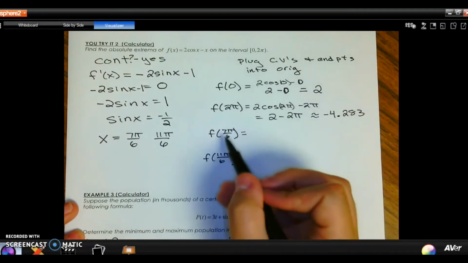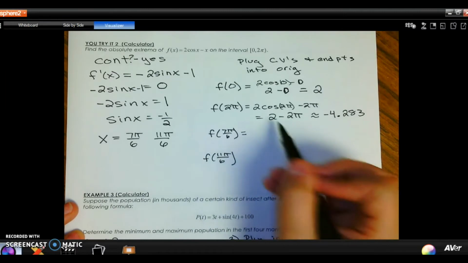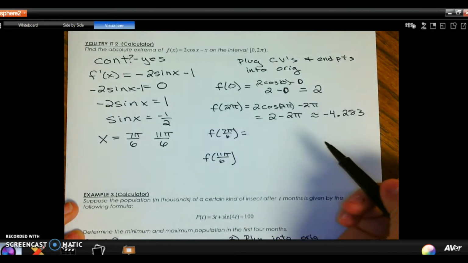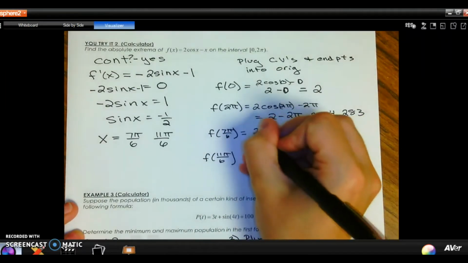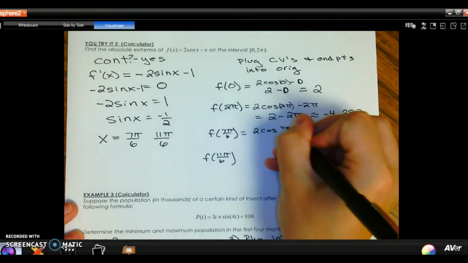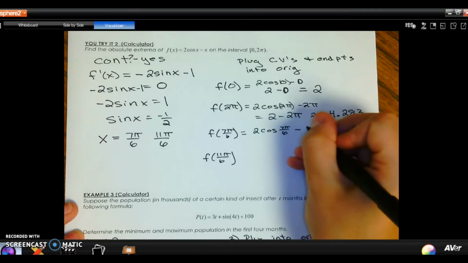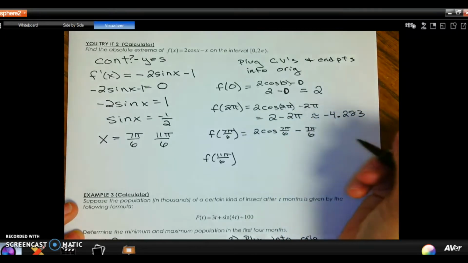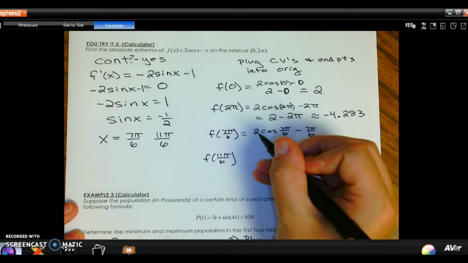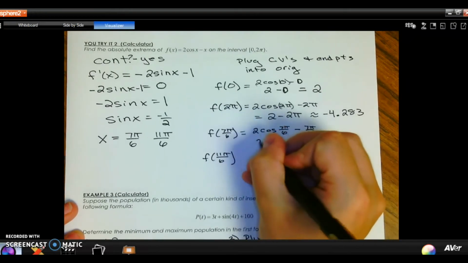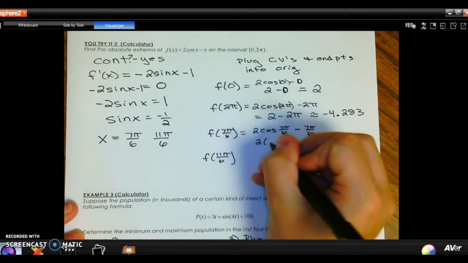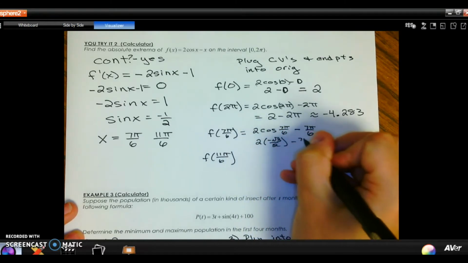And again, I did that because I kind of have a feeling when I go to plug this in, I'm going to get something where I'm not sure what's going to be the max or min here.